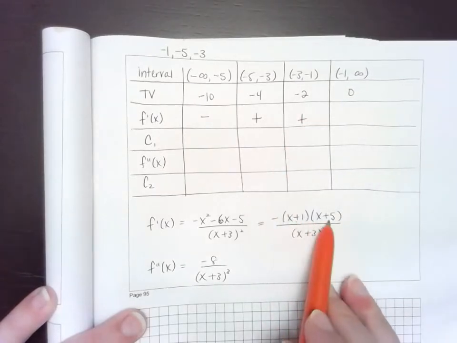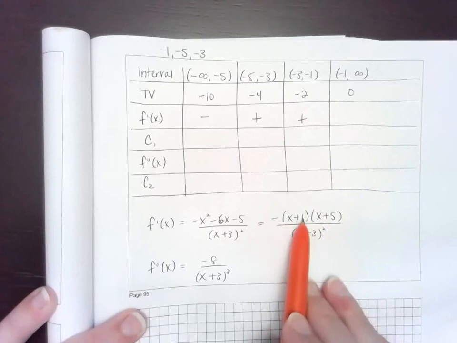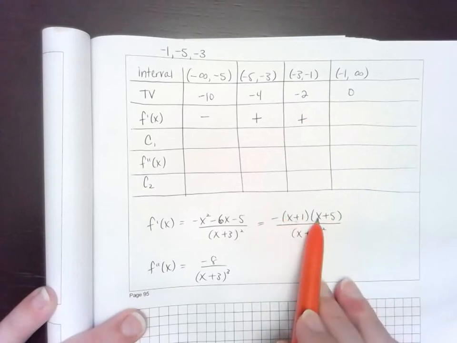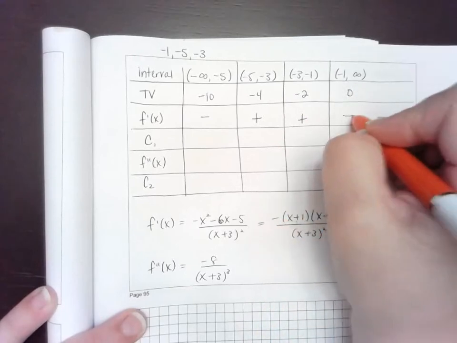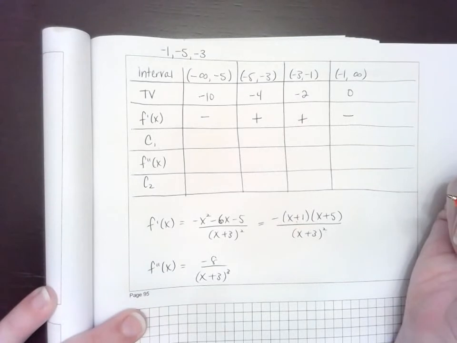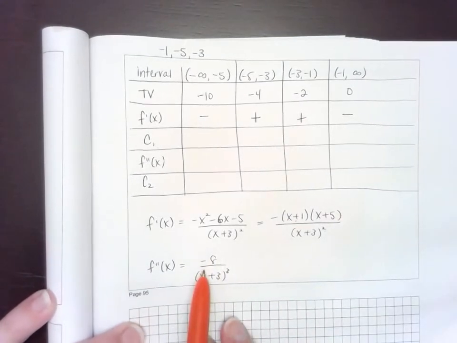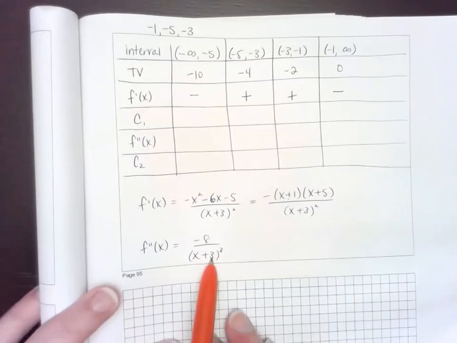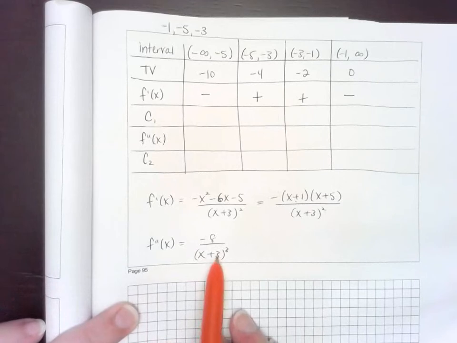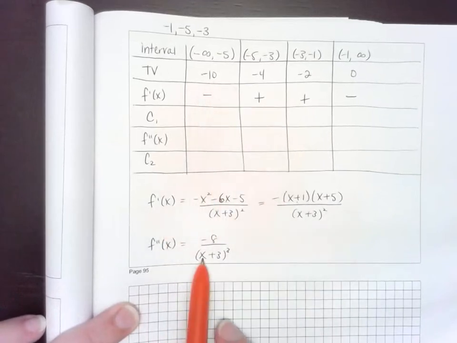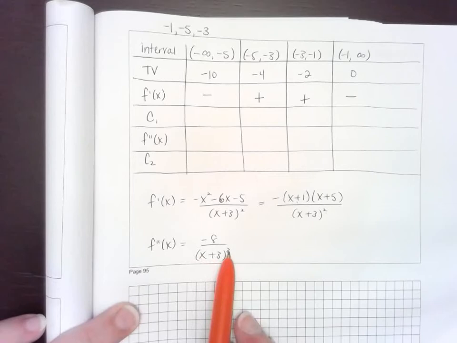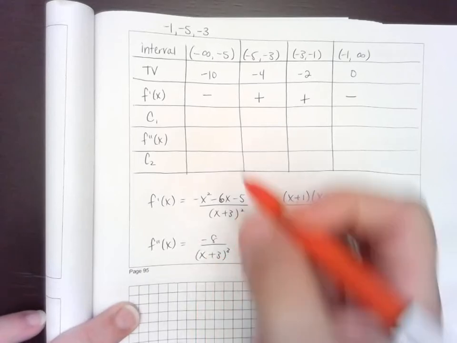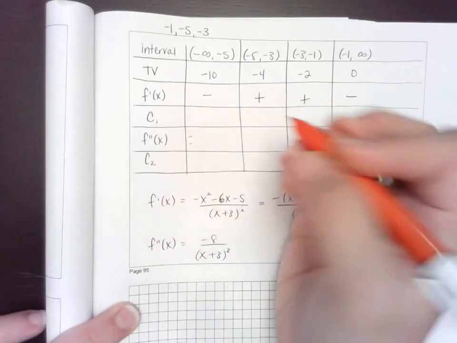And 0 plugged in will give me a negative, positive, positive, which is negative, over a positive. Okay? My second derivative, when I plug in a number in the denominator, and that number's negative 10, this becomes negative. Cubing it remains negative, so negative over a negative is going to be positive.